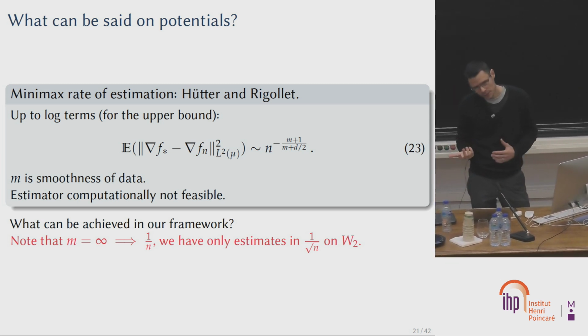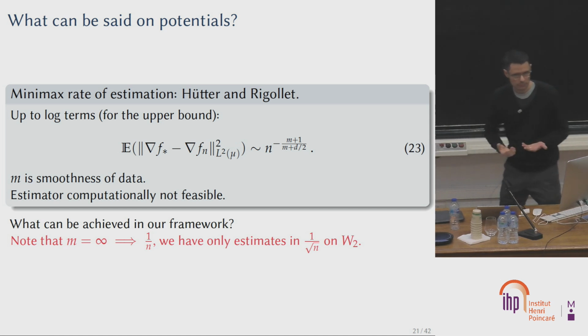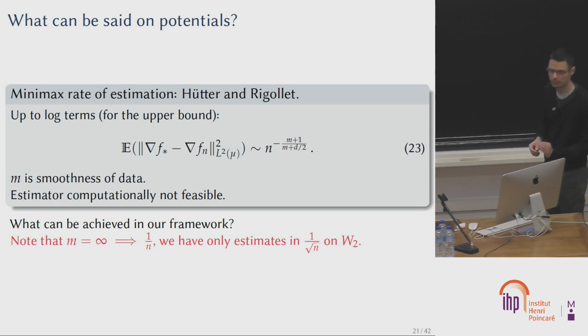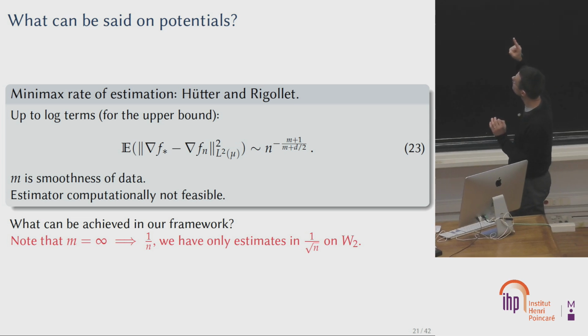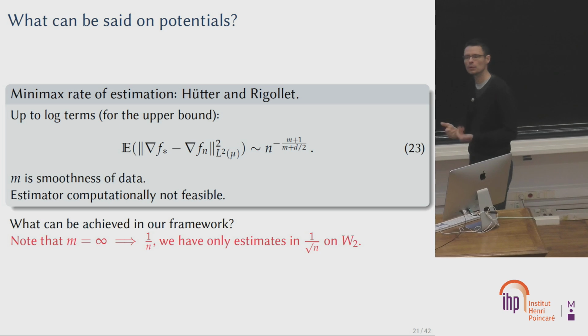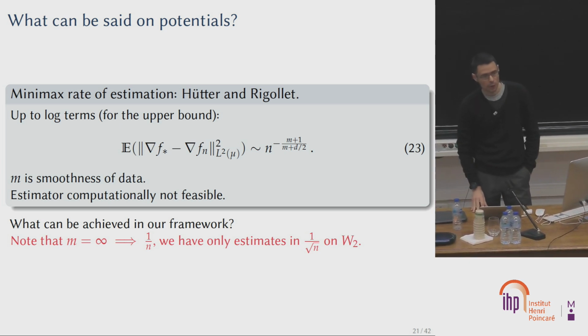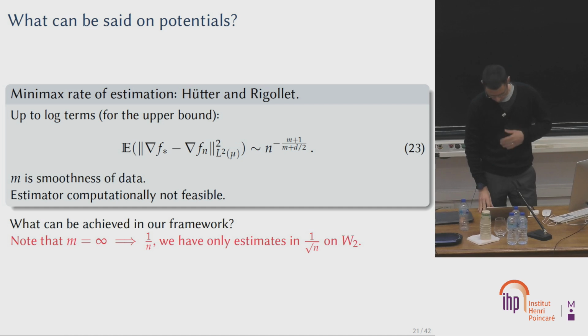And it's a bit strange because we are used to 1 over square root n rate, but the point is that this is integrated with respect to mu, which you don't know a priori. So it's the L2 norm with respect to mu.